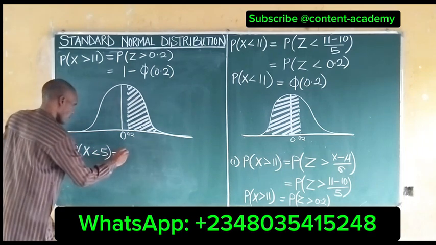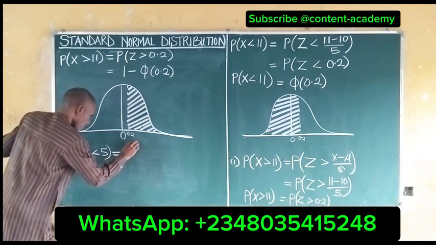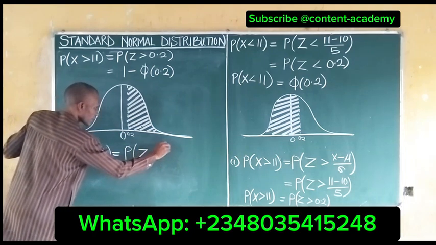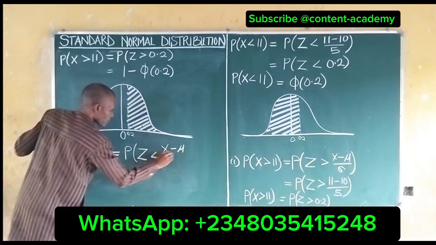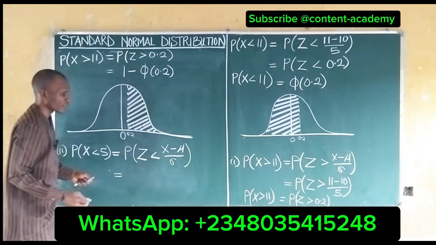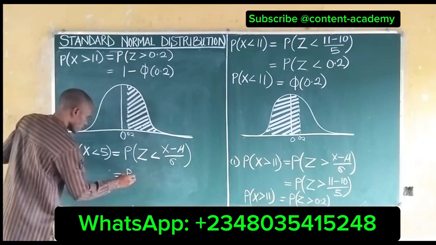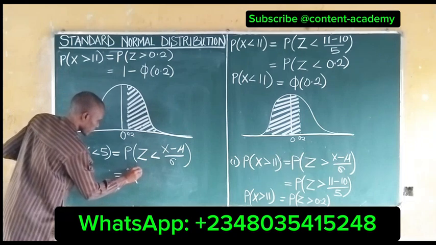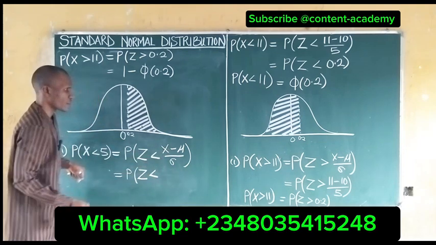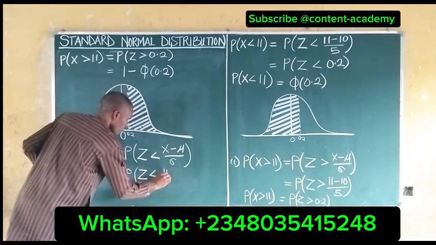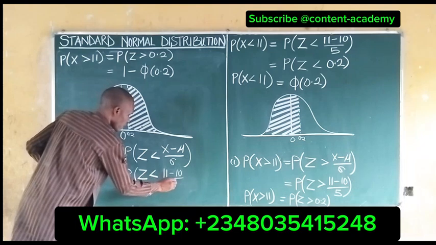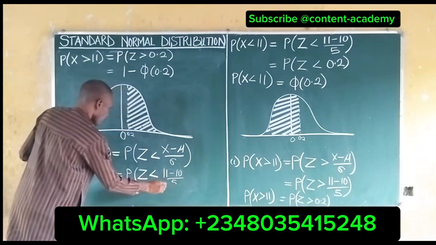So the probability of Z is less than (X minus mu) all over sigma, where sigma is the standard deviation.